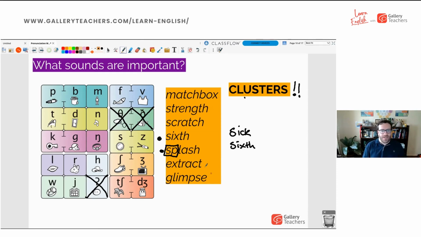Okay, splash, splash, splash. So think about the first phoneme, the first sound. Oh, that's a good one, Ashik, I'll come to that in a second. The first one, Sarah, is s, it's voiceless. So put your finger here and say s, you feel nothing, right?